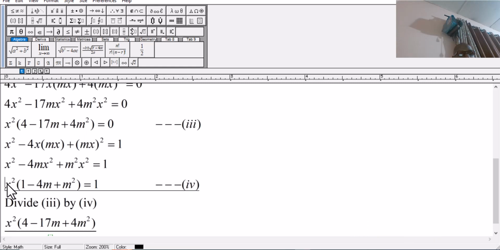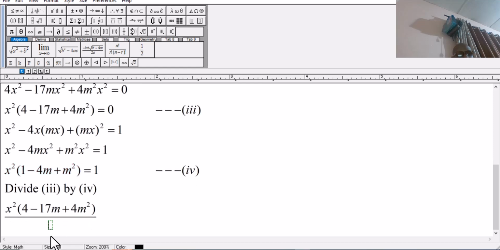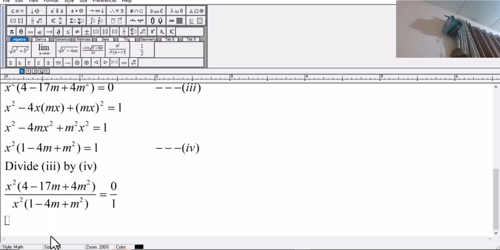I'm going to copy this also and paste it here, equals 4 over 1. So in our final, by the time you cross multiply and simplify, what you finally have is 4 minus 17m plus 4m squared equals 0.